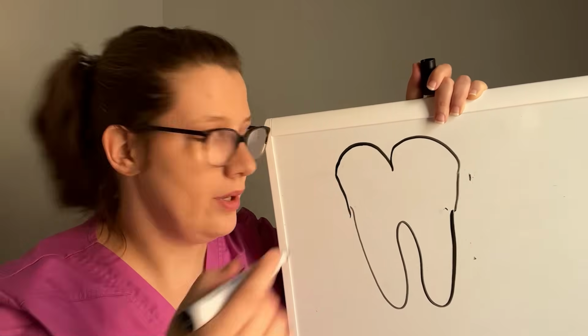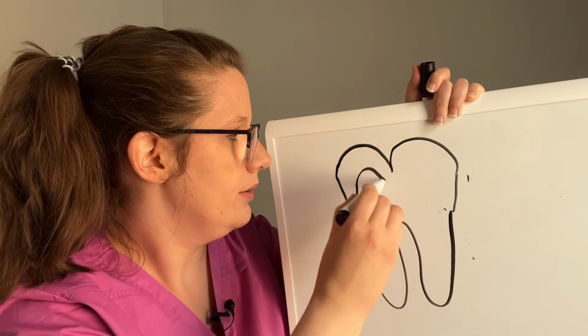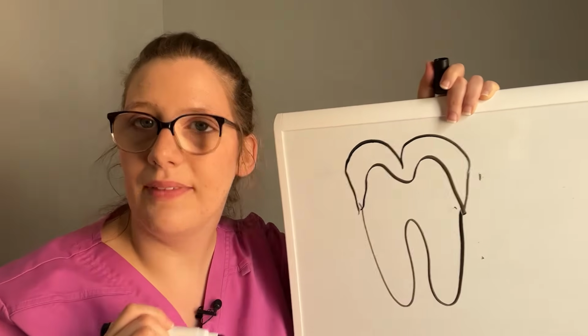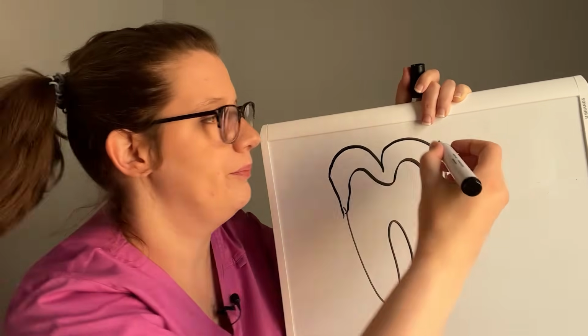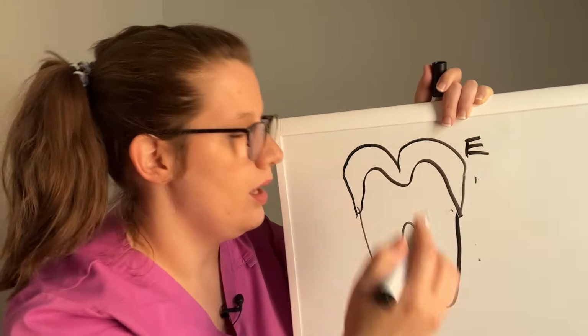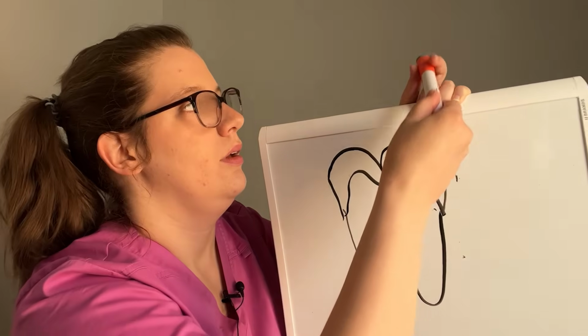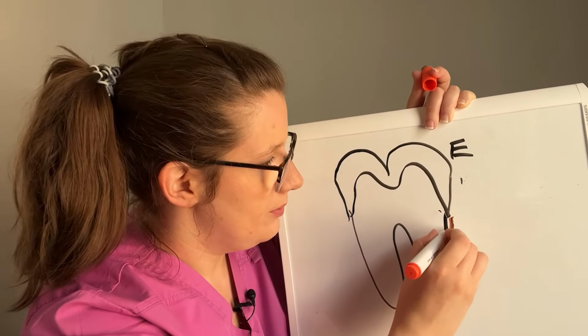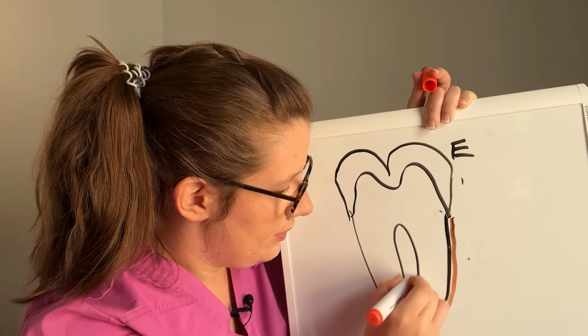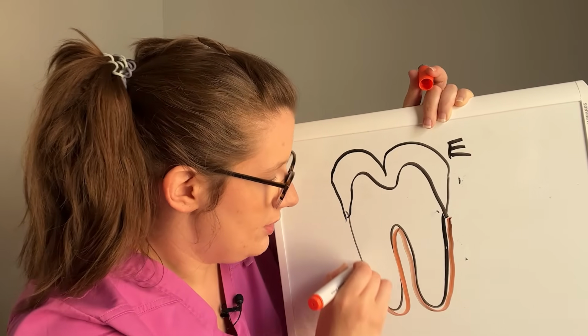On the crown, I'm going to draw a layer on the outside of it. This is the enamel. Around the root, I'm going to draw a much thinner layer, and that will be the cementum. So the cementum is that thin layer of hard tissue that covers the root.